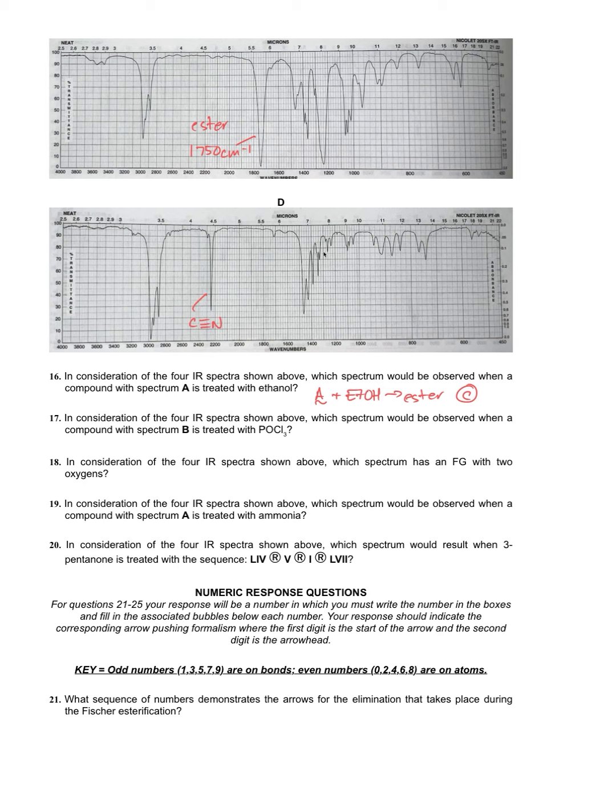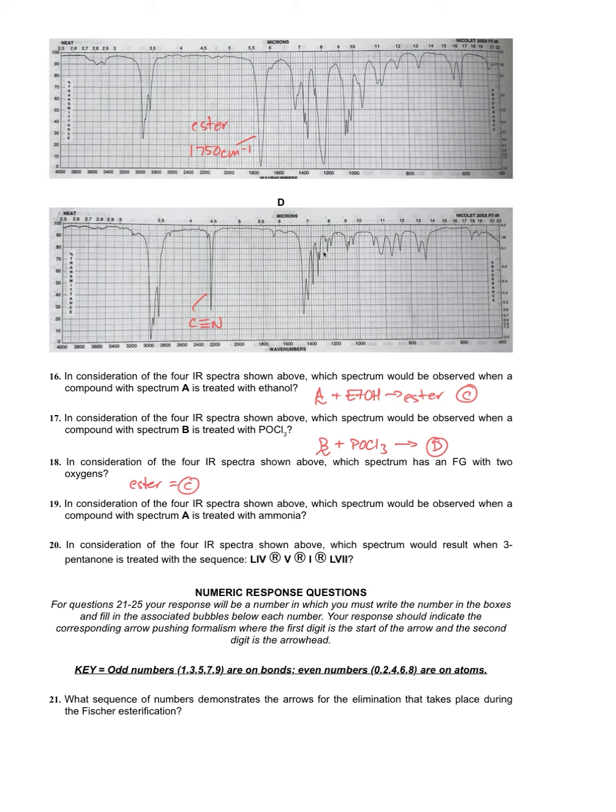17 is asking you a spectrum B plus phosphorus oxychloride. You're taking a primary amide plus a dehydrating agent, that's giving you a nitrile, so that's D. In consideration of the 4 IR spectra shown above, which spectrum has a functional group of 2 oxygens, that's an ester, so that equals C. In consideration of the 4 IR spectra, which spectrum will be observed when a compound of spectrum A is treated with ammonia?